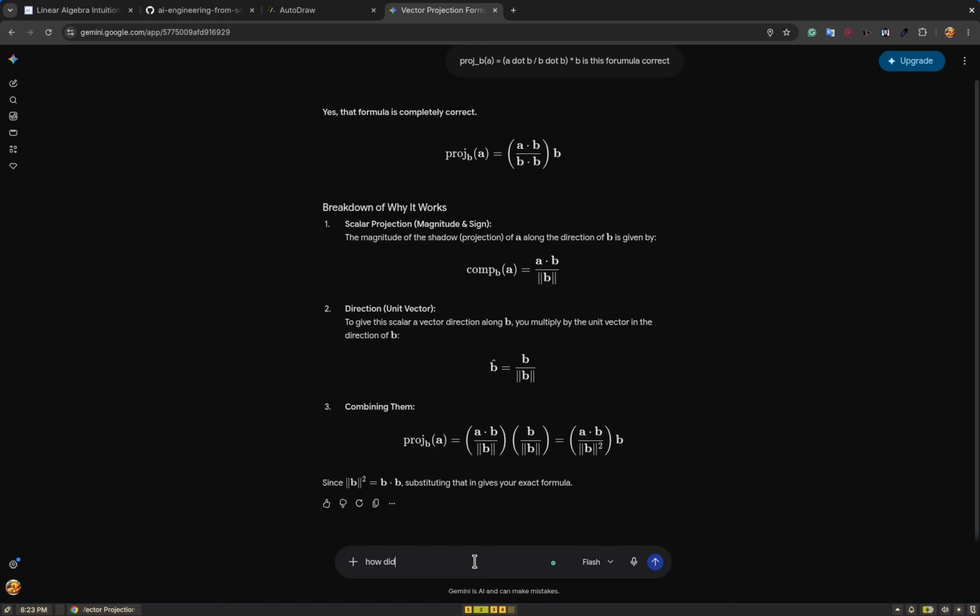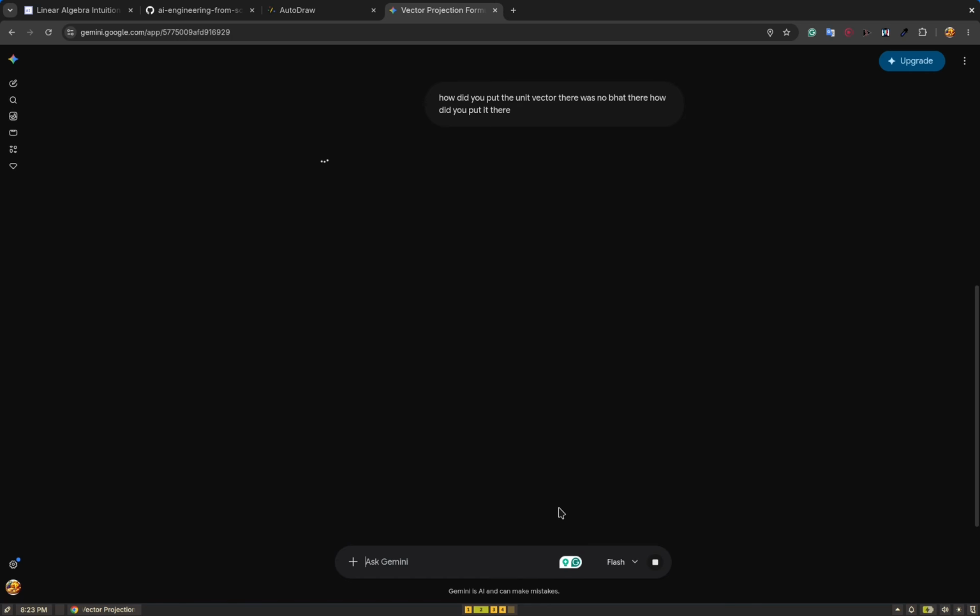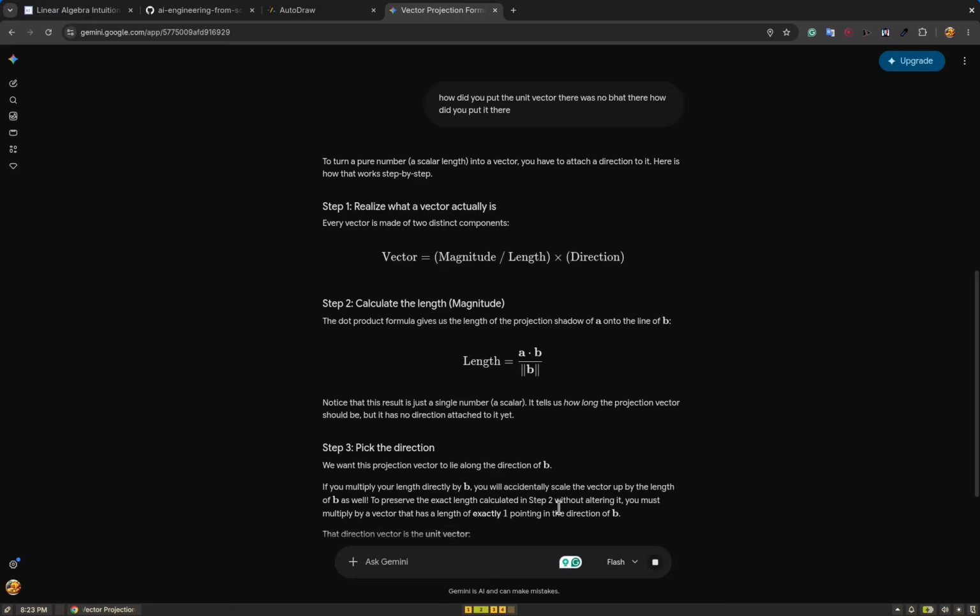How did you derive this? Actually, I want to ask, how did you put the unit vector there? There was no B hat there. How did you put it there? Because if it is multiplying on its own, it needs to divide on its own as well.